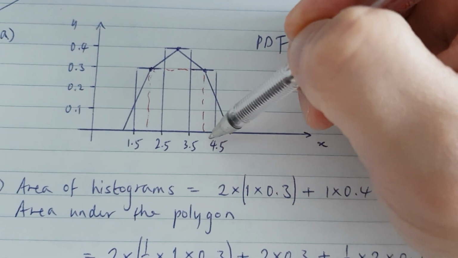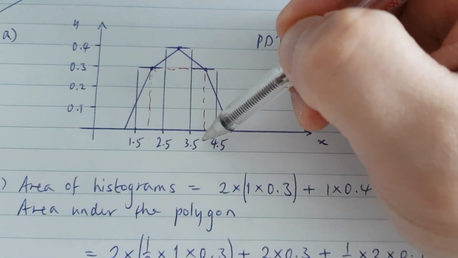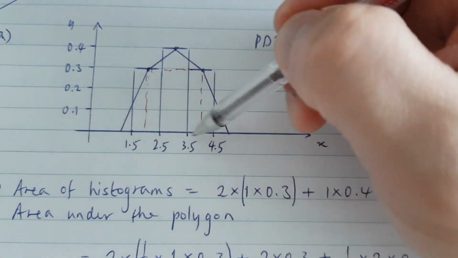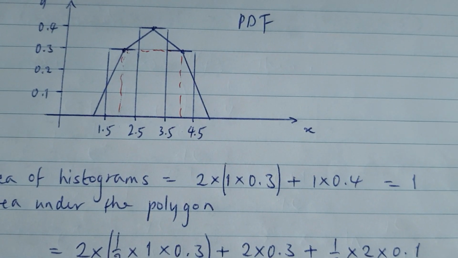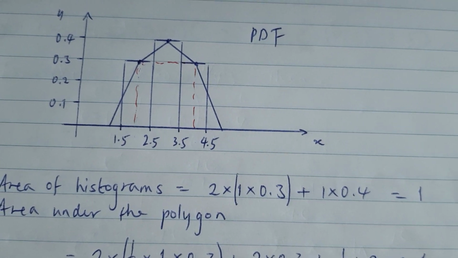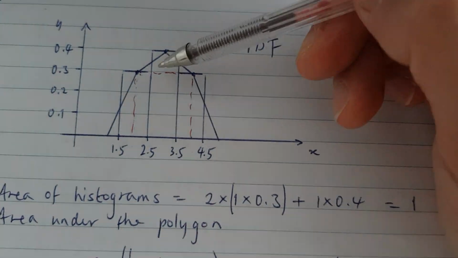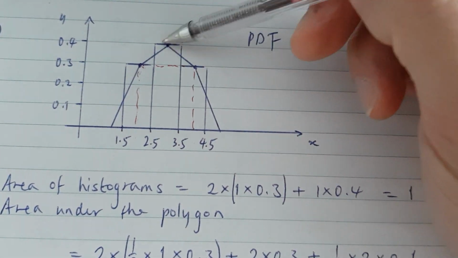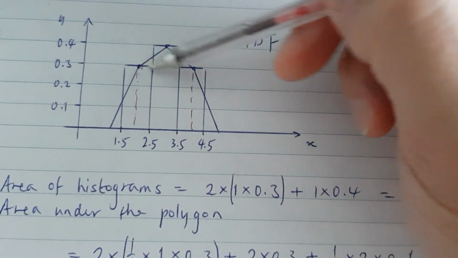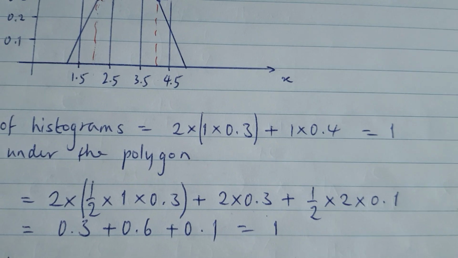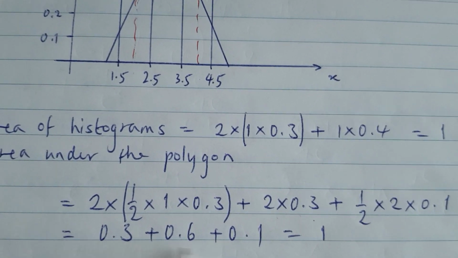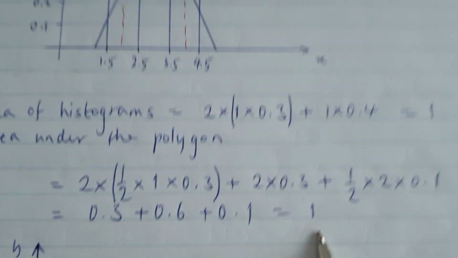Here the width is 2 and the height is 0.3, so that's why it's 2 times 0.3, and then half times 2 times 0.1 for the triangle, half times the base of 2, and the height there is only 0.1. Therefore when you sum up all those numbers, it also gives you 1.